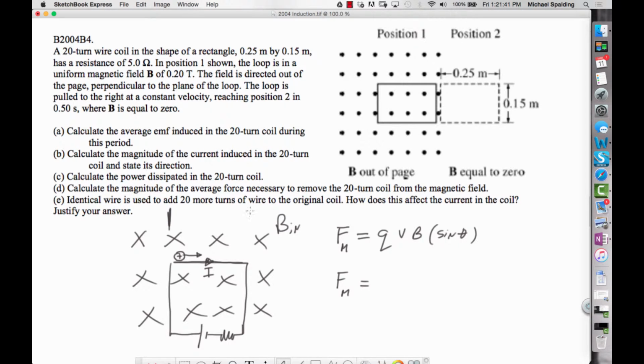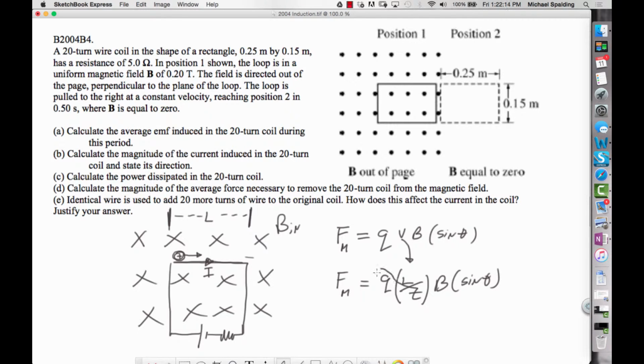So let's say that this length of wire right here is L. This is length L, and we have this charge Q moving through the wire. Now what would the velocity of the charge be? It's going to be this length L, from here to the other side, over time t. Wouldn't that be velocity? Velocity would be this distance divided by the time to get across, and then bring the B down and the sine theta down.